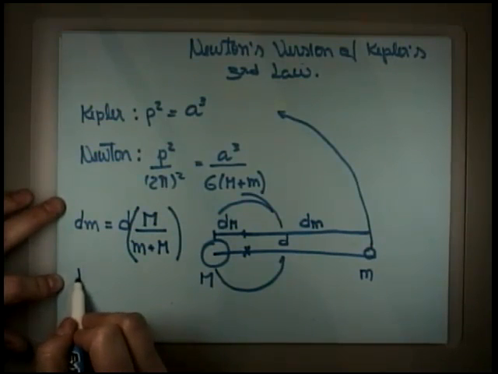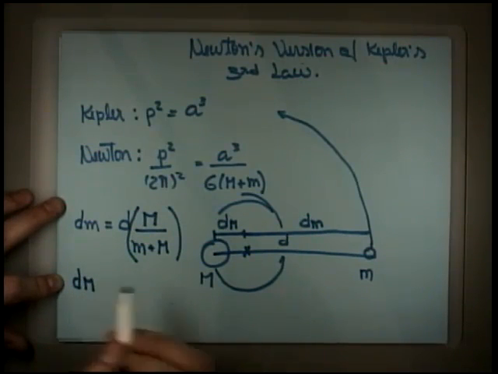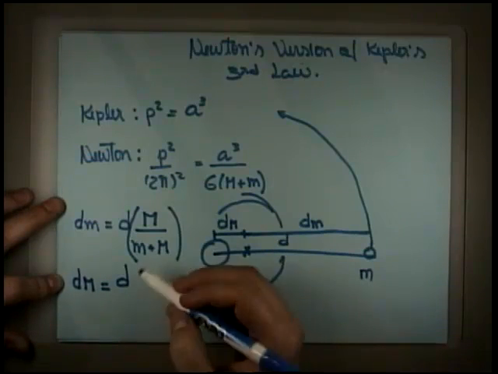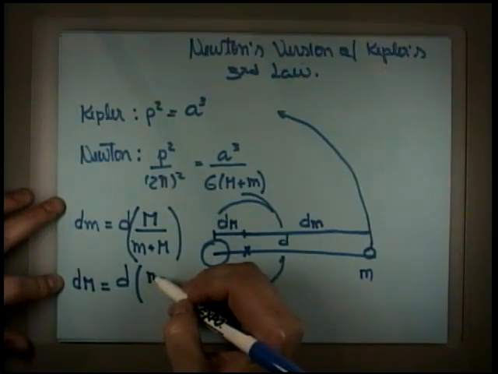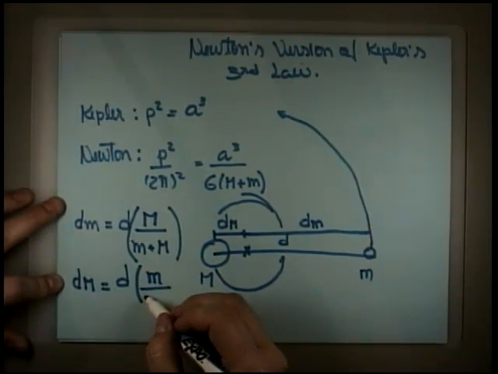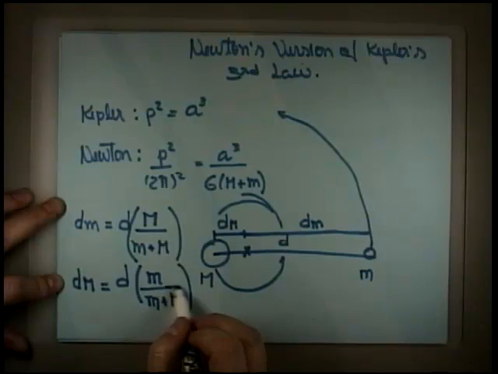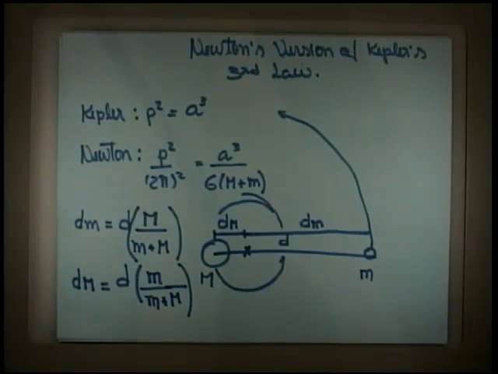The distance from big M to the center of mass is also equal to d times little m over little m plus big M. So things are getting more complicated.